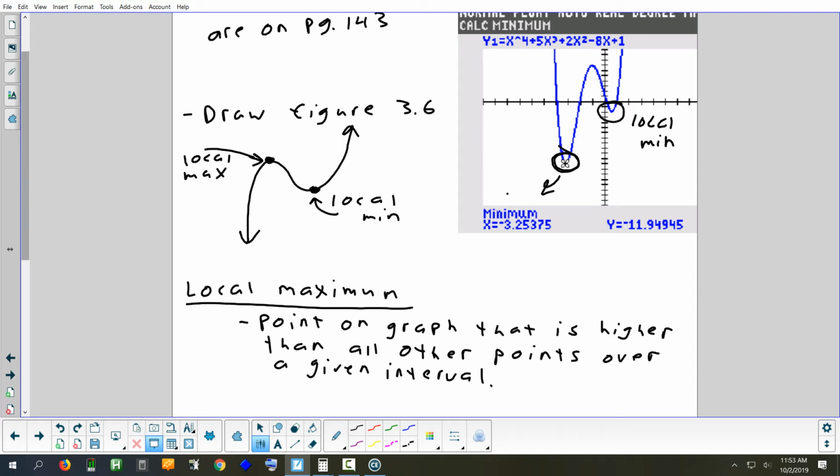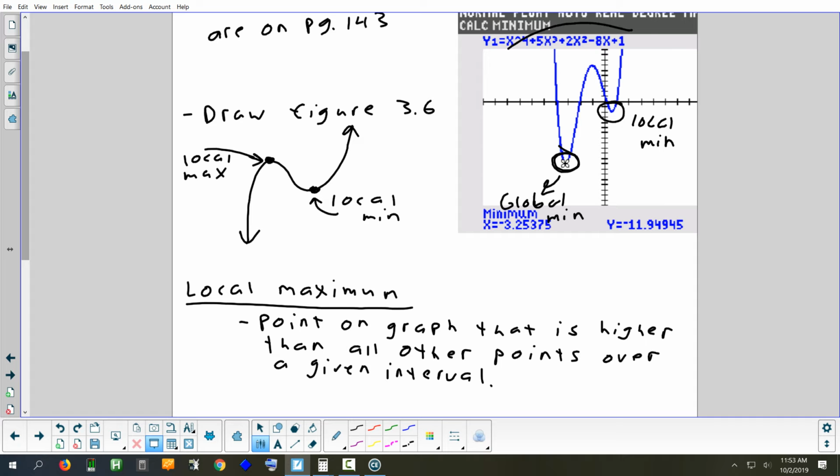Is that lower than everything else, period? This is called a global minimum. You're not wrong to call it a local minimum. It is lower than everything else around it, but it's lower than everything else, period. It is the lowest point ever in the whole thing. So you can even say something a little stronger about it and say it's a global minimum.